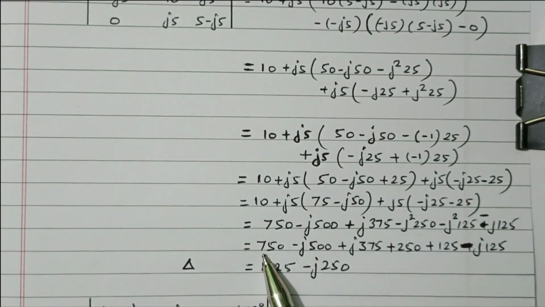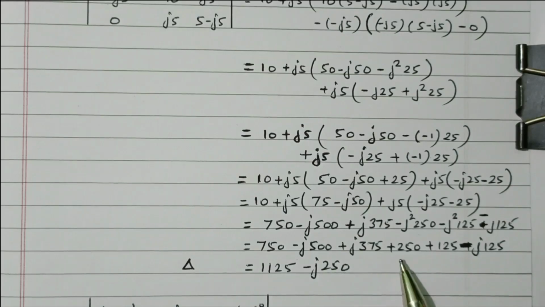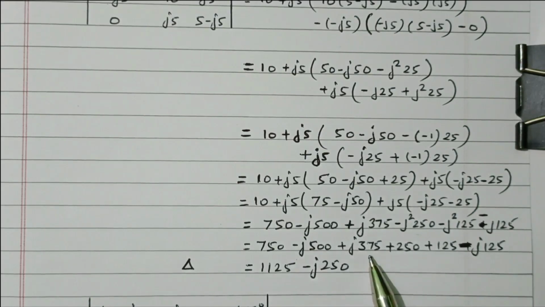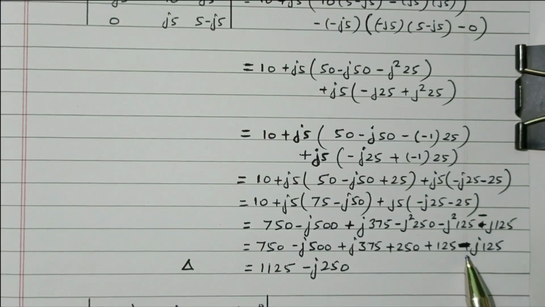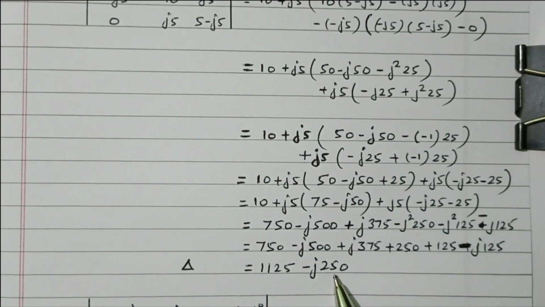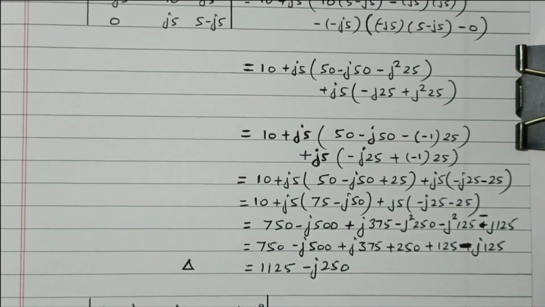So further simplified: 750 − j500 + j375 + 250 + 125 − j125. Now we will add all the real terms: 750, 250 and 125, 1125. Minus j500 plus j375 minus j125. You have to add all these imaginary terms, that is minus 250. So now the delta value is 1125 − j250.